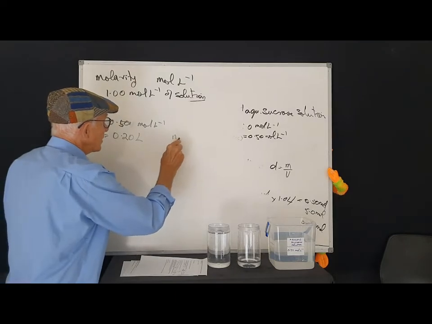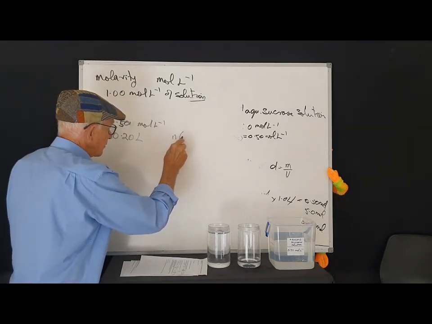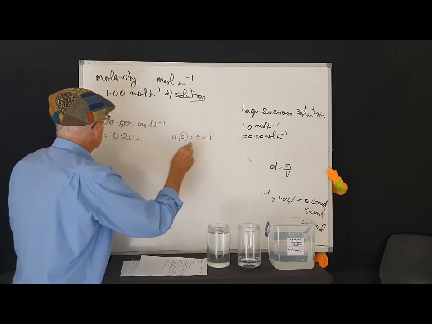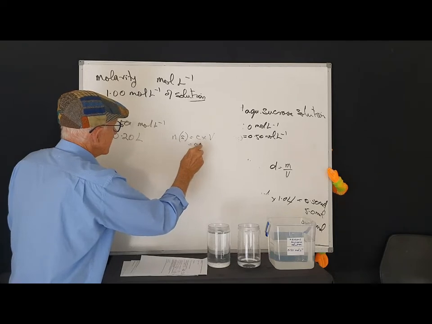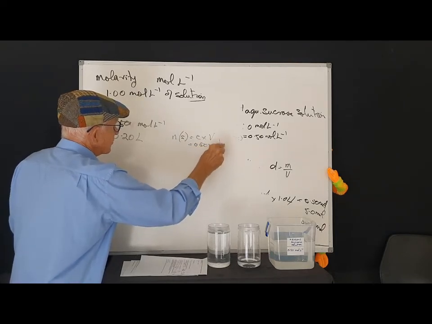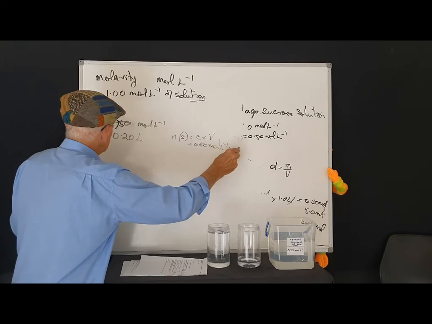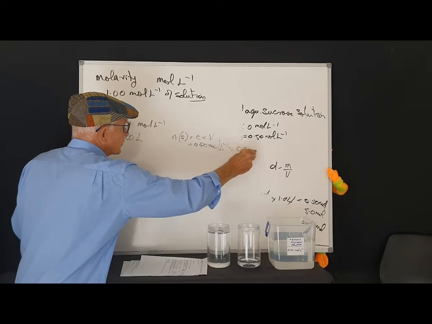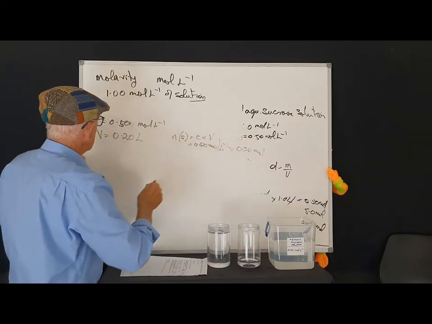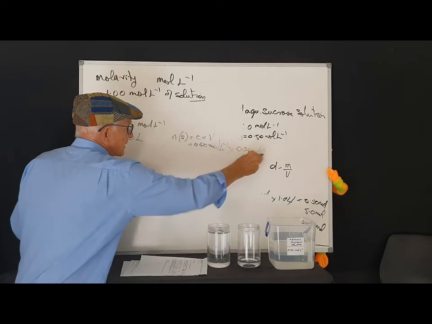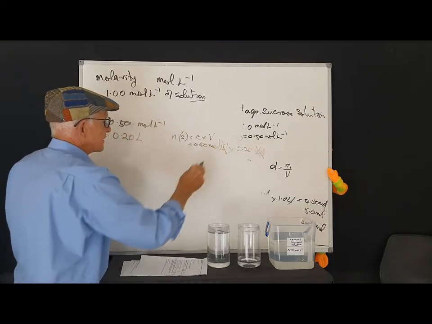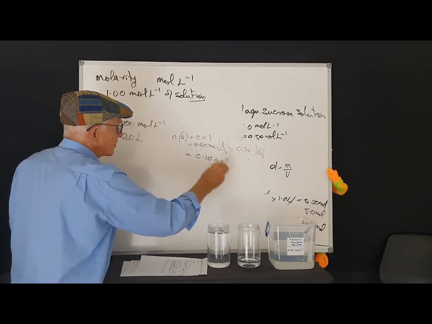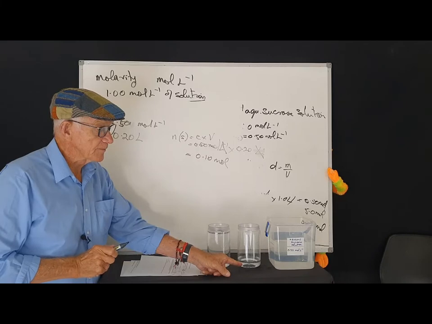So the number of moles of sucrose is C times V, which is 0.50 moles per litre times 0.2 litres. Litre and per litre cancel out, and so I've got 0.10 moles of solute in here.